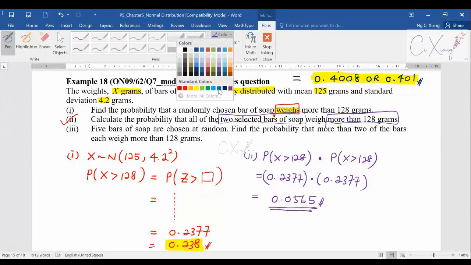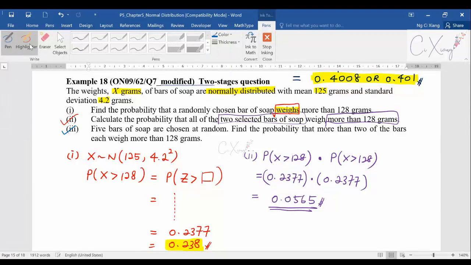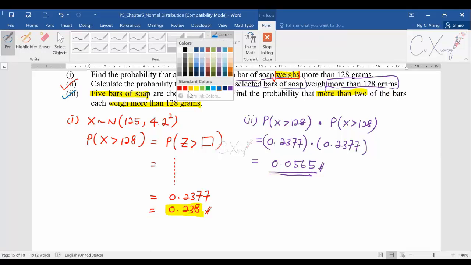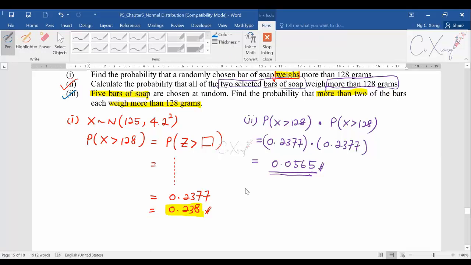Then now we continue to the third part. Now you have 5 bar soaps, and there are more than 2 of the soaps weighing more than 128. If you look at this question, 5 bar soaps, more than 2 soaps, something happened. From the structure of the question, it will be a binomial distribution.